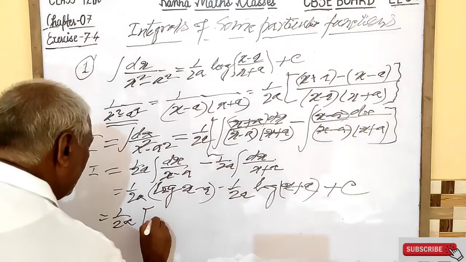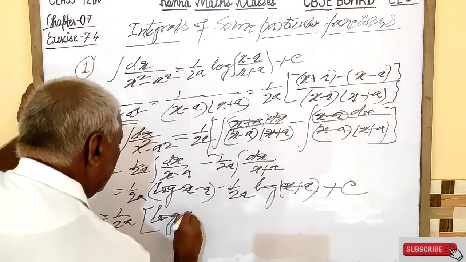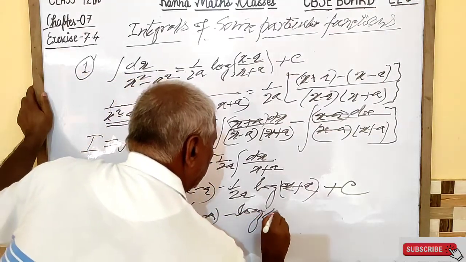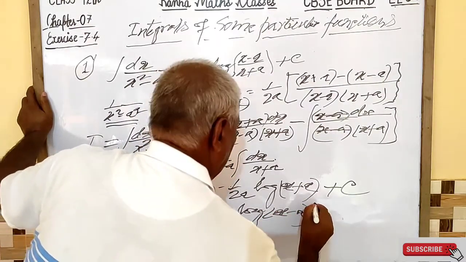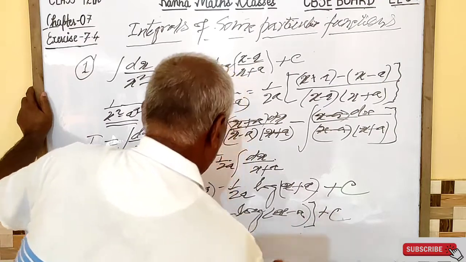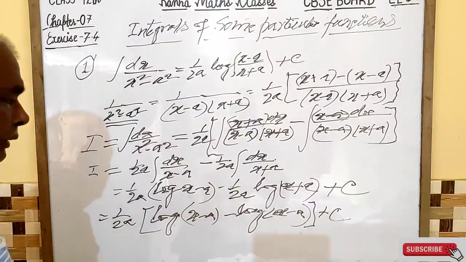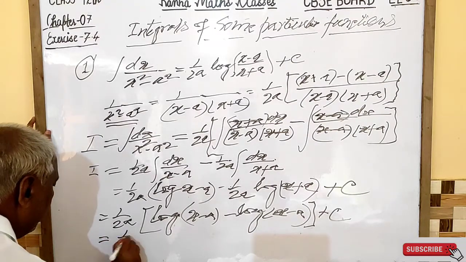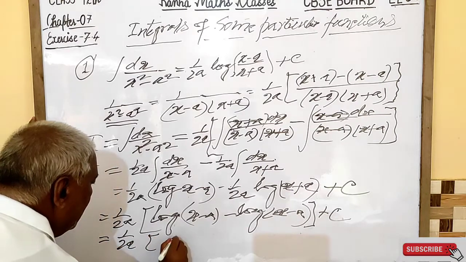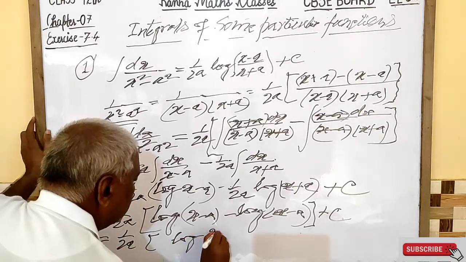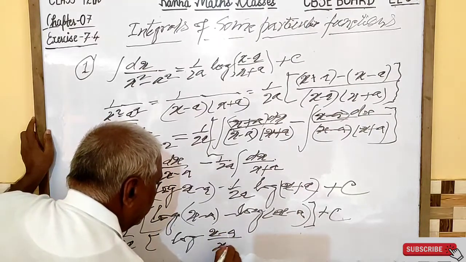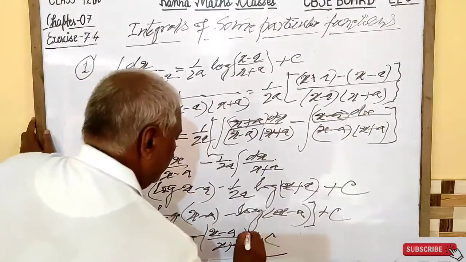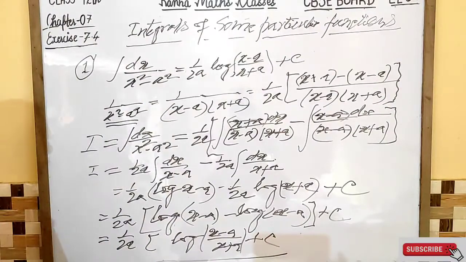This will be log x minus a minus log x plus a plus c. Now we see log m minus log n will be equal to log m by n. Hence 1 upon 2a log x minus a upon x plus a plus c. This will be the requisite answer of this particular integral.